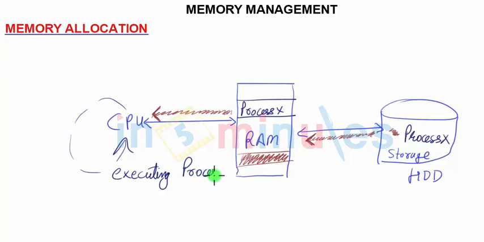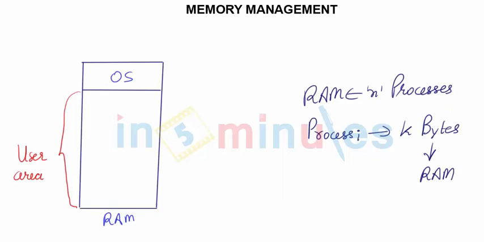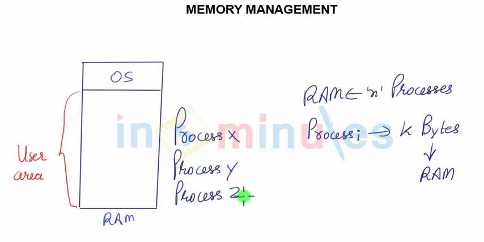Now when we are dealing with this kind of phenomenon, if it is a traditional system, the entire user area can only keep one process. But the problem with this would be, consider this: I want process X, process Y, process Z. Under normal circumstances, any one can be in and the remaining would be waiting.